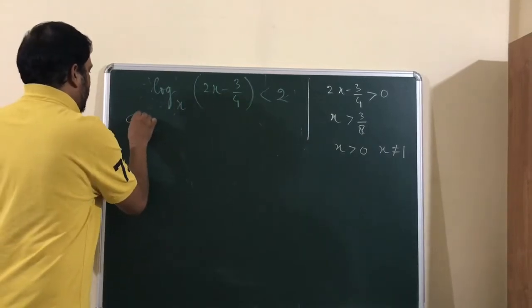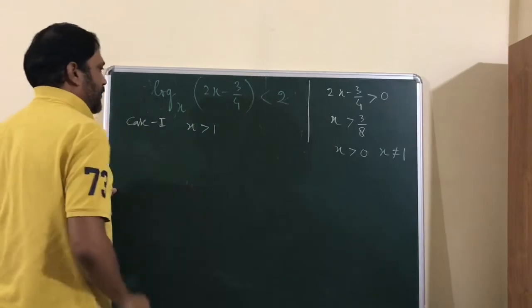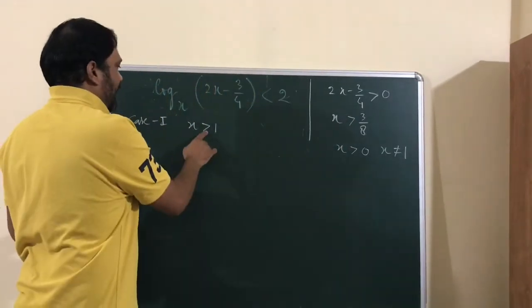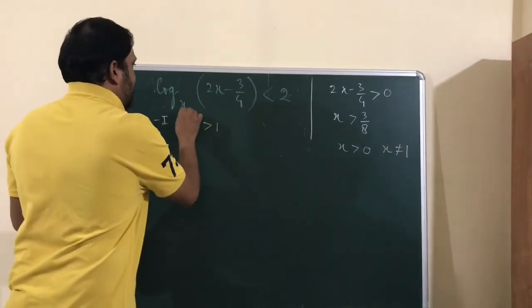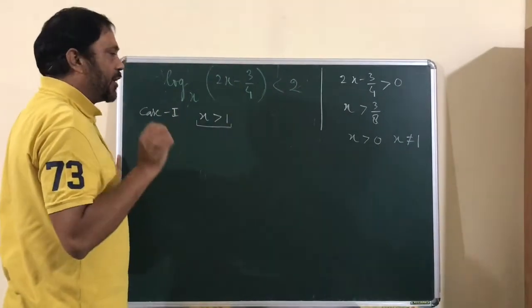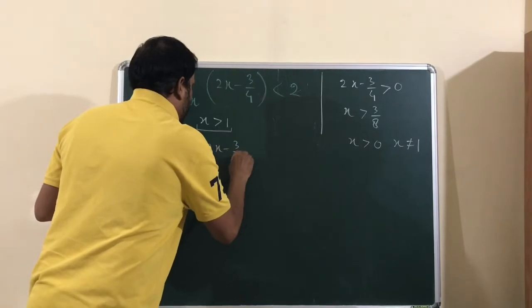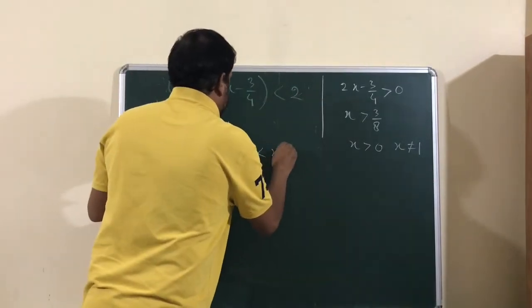Case 1, if I take x is greater than 1. So I've already taken x is greater than 3/8 and I'm taking x is greater than 1. Since the base I have taken is more than 1, I'll keep the sign of inequality the same. So it means that 2x minus 3/4 has to be less than x square.